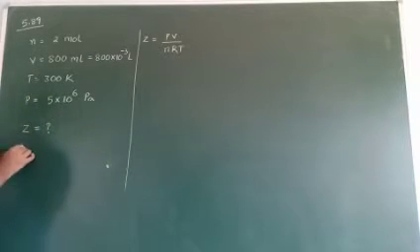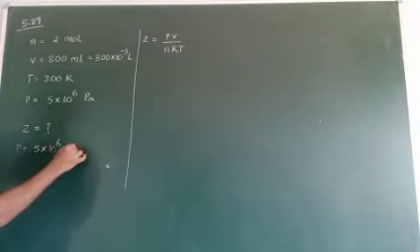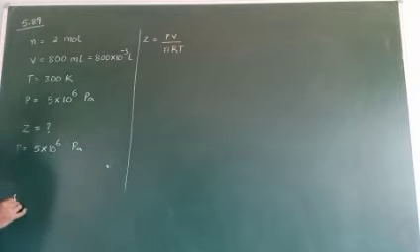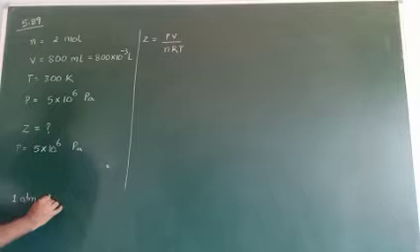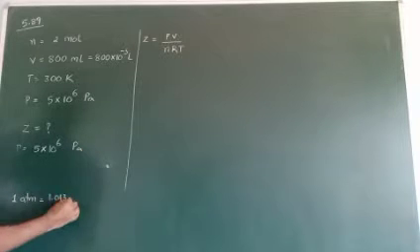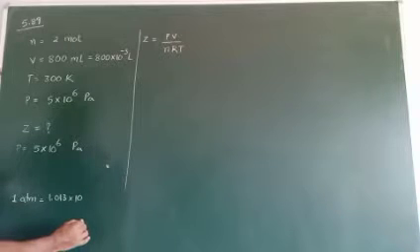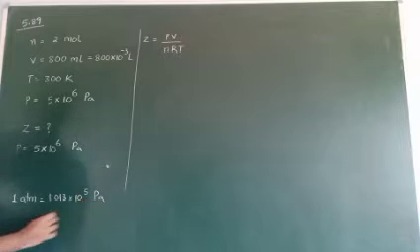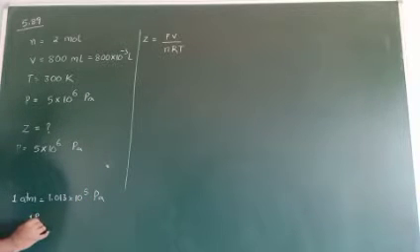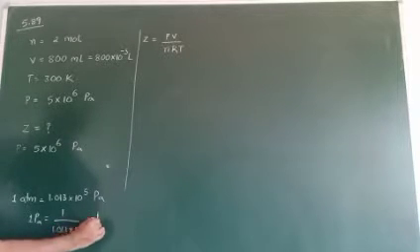What is the given pressure? Pressure is equal to 5 into 10 to the power of 6 Pascal. But we know that 1 atmosphere is equal to 1.013 into 10 to the power of 5 Pascal. Then 1 Pascal is equal to 1 by 1.013 into 10 to the power of 5 atmosphere.